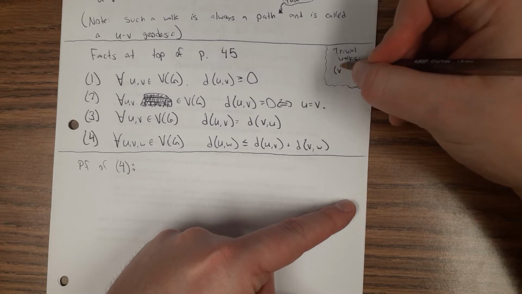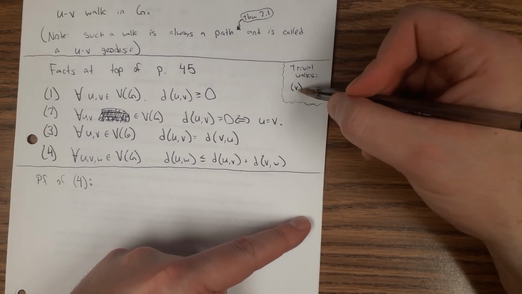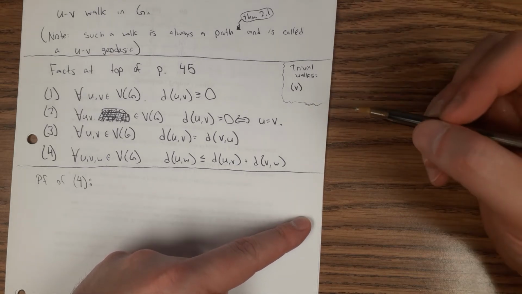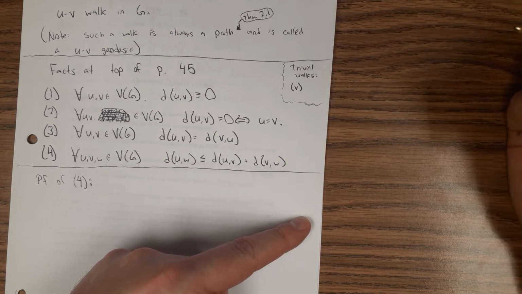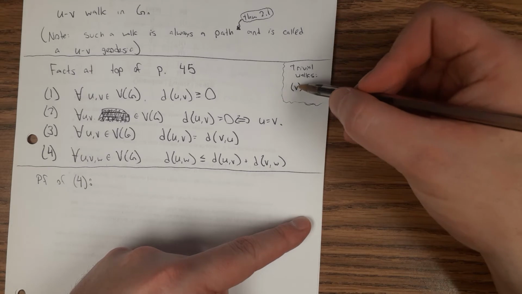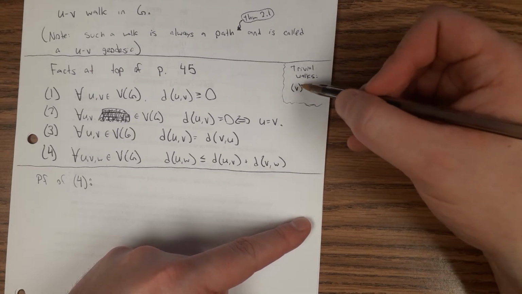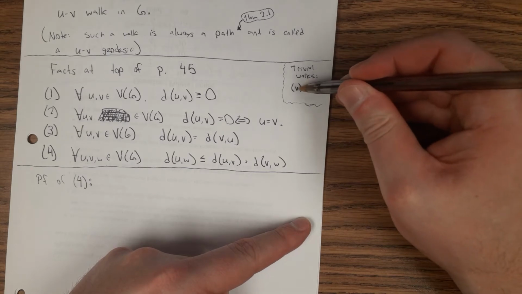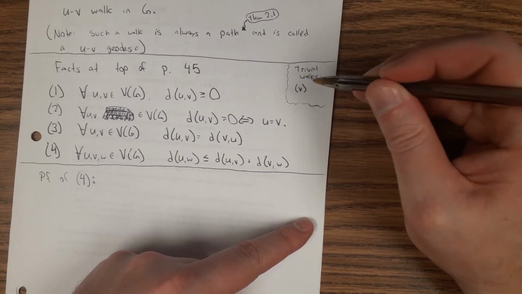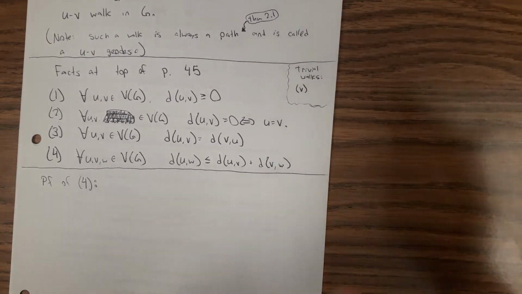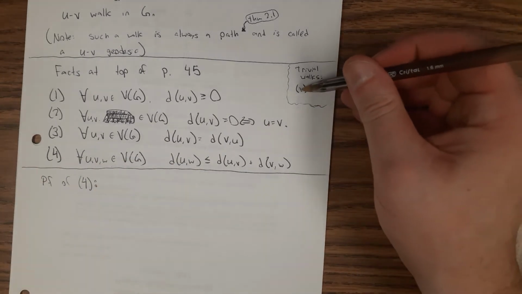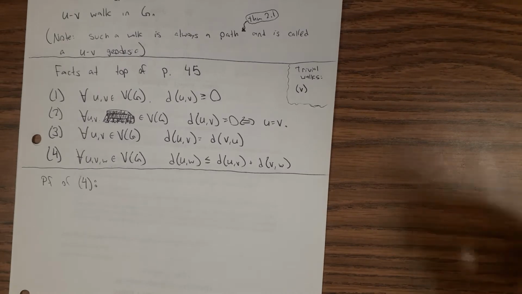Normally, I denote a walk by just listing a sequence of vertices. That sequence can just consist of one vertex. This walk starts at v and then immediately ends at v. We would say that this walk has length 0 because the length of a walk is always 1 less than the number of vertices in the sequence. So this sequence has 1 vertex, so it has length 0.